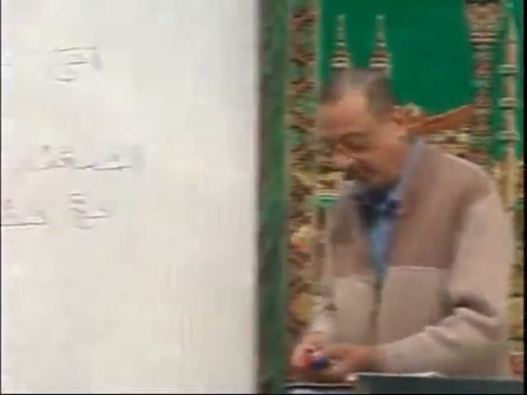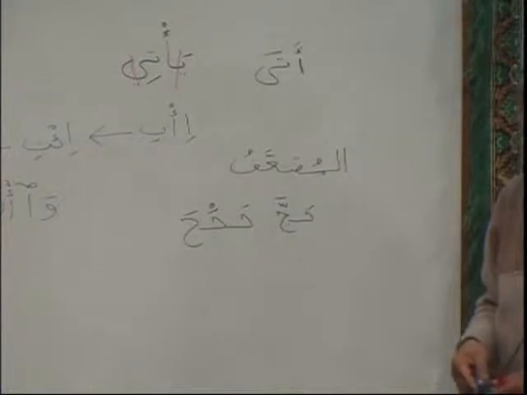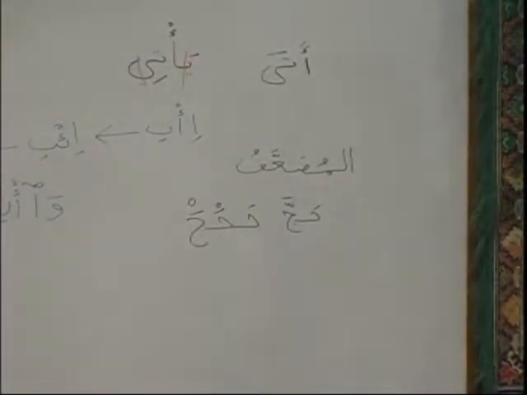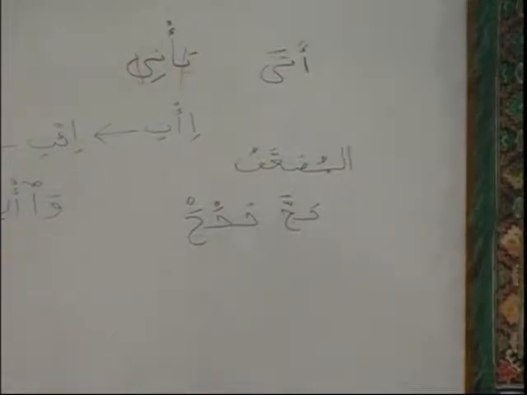So it remains hajaja, and now you give a sukun on the lam kalima. Are you with me, brothers and sisters? What did you do? You gave a sukun on the lam kalima. What is happening here is that when it is a sakin pronoun, we have idgham, and when it is a mutaharrik pronoun, we break the idgham.